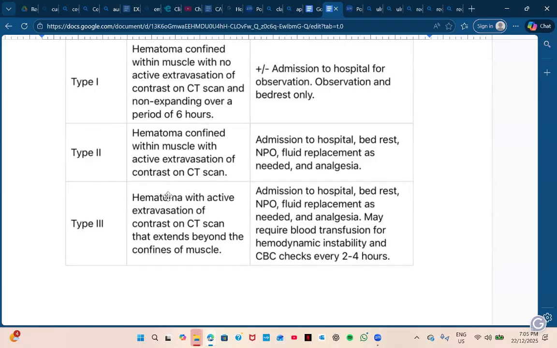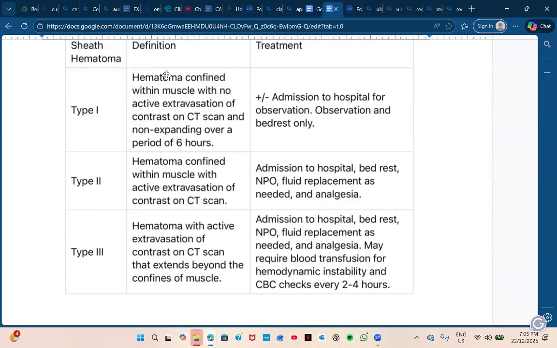So type 2: hematoma confined within muscle with active extravasation of the contrast on CT. In this case, there is a leakage, right? But it's still within the muscle. Here, within the muscle, there's no leaking. Here, also still within the muscle, but there's an active leaking inside the muscle.